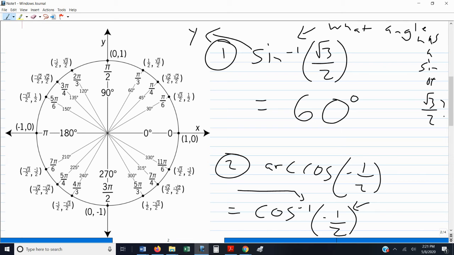Is cosine the x or the y value? Cosine is the x value. And so you're looking for what angle has an x value of -1/2. And I see an x value of -1/2 here, and I see an x value of -1/2 here.